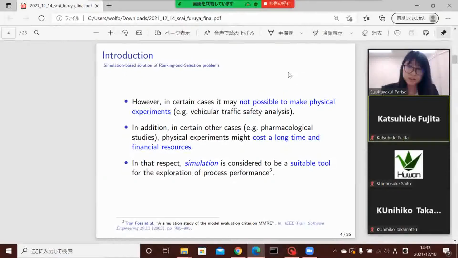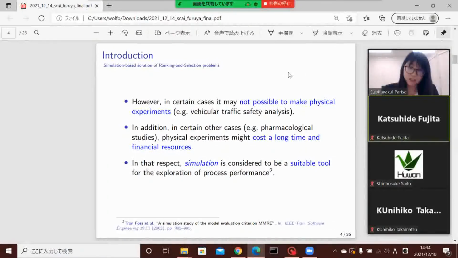However, in certain cases it may not be possible to make a physical experiment, for example in traffic safety analysis, because it is a little bit dangerous for humans to do safety analysis by themselves. In some pharmacological studies, physical experiments might cost a long time and financial resources.